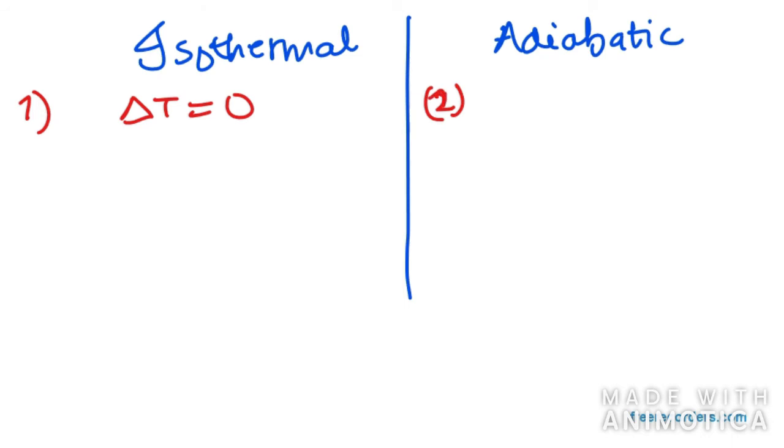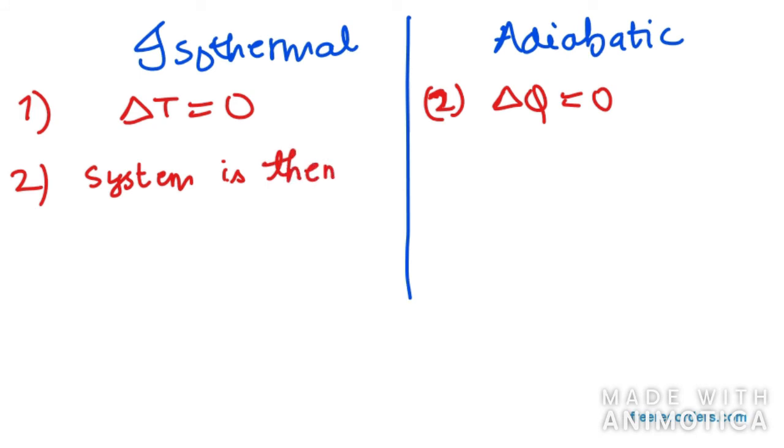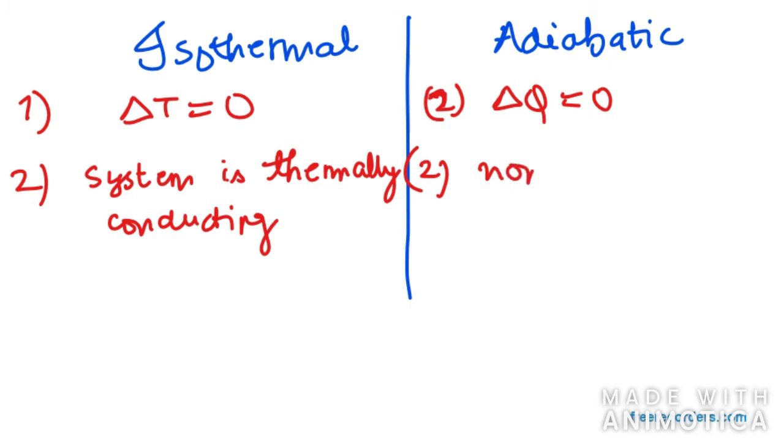Now in the case of adiabatic, it will be del Q equals 0. Second, in the isothermal case, the system is thermally conducting. And in the case of adiabatic, it is non-conducting, or you can say it is insulated.